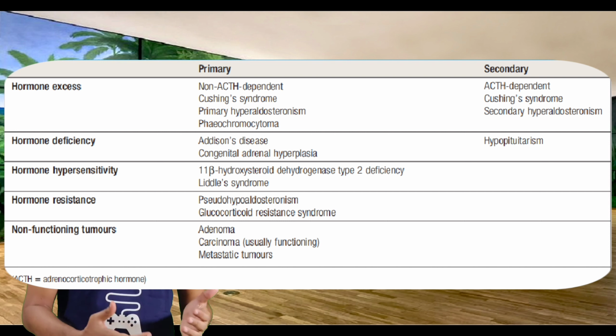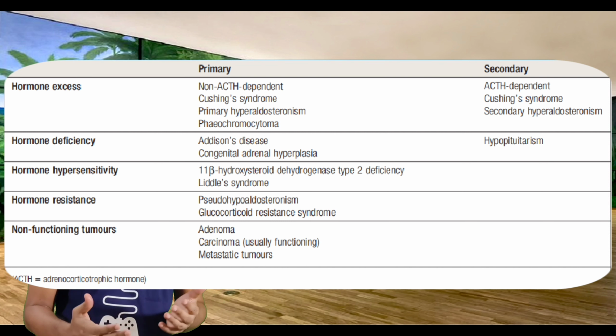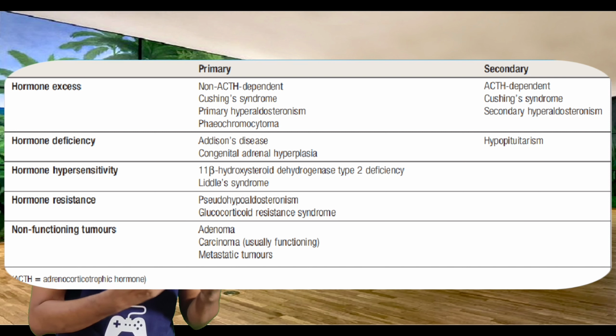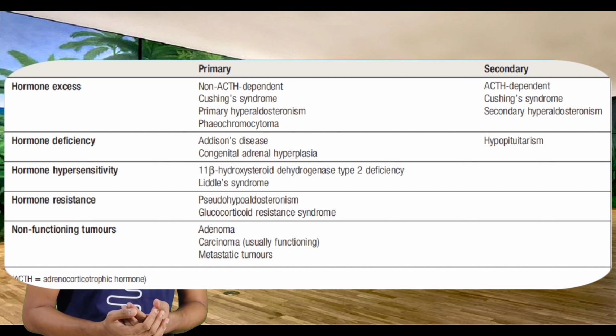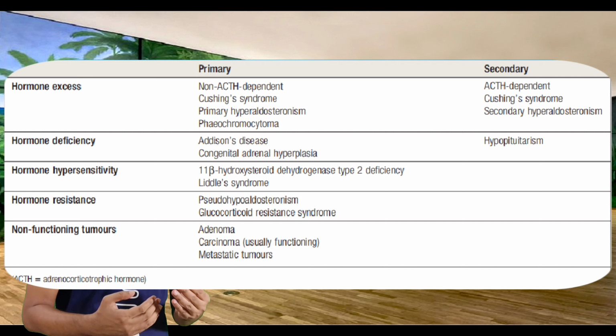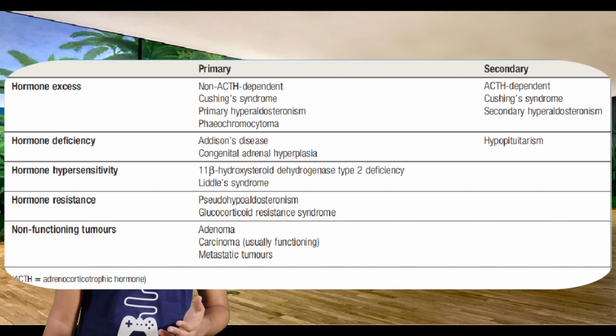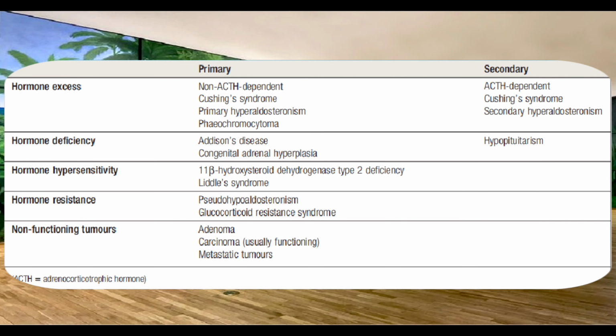Primary includes Cushing syndrome, primary hyperaldosteronism, and pheochromocytoma, and secondary includes Cushing syndrome and secondary hyperaldosteronism. For hormone deficiency we have Addison's disease and congenital adrenal hyperplasia. For hormone hypersensitivity we have 11-beta hydroxysteroid dehydrogenase type 2 deficiency and Liddle syndrome. And we have hormone resistance and non-functioning tumors.